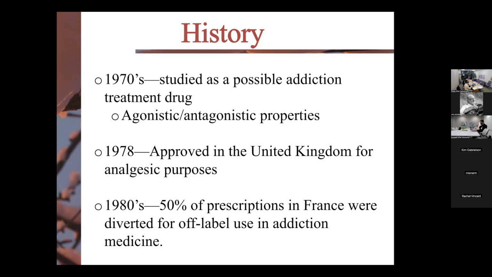Moving forward from there, this medication really found a niche in addiction medicine. For purposes of today, we are going to be talking more about pain analgesic uses. We won't be talking about the addiction medicine properties here, but Dr. Poland does an excellent lecture on that later this year too.